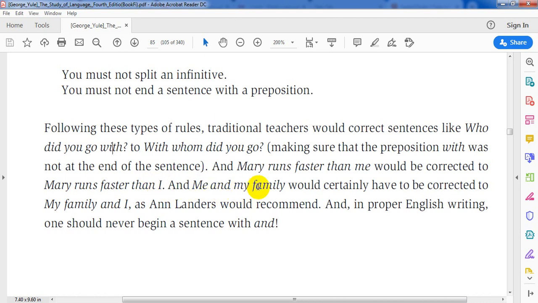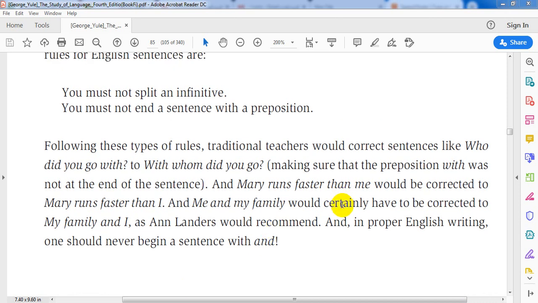"Me and my family" would certainly have to be corrected to "My family and I," as we have seen at the beginning of this chapter.